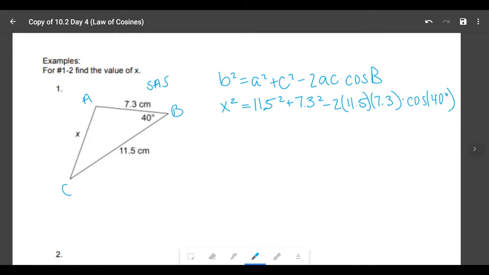What I like to do, because my variable that I'm solving for is by itself on the left-hand side, I'm going to take that right-hand side and plug it completely into my calculator. And you should get about 56.92 when you do that. And so if we complete solving, take the square root of that, so x should be approximately 7.5 centimeters.